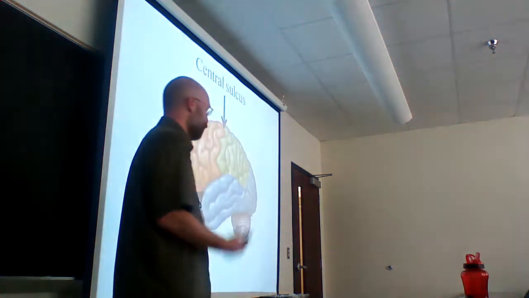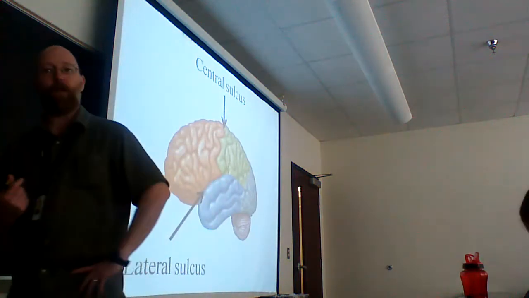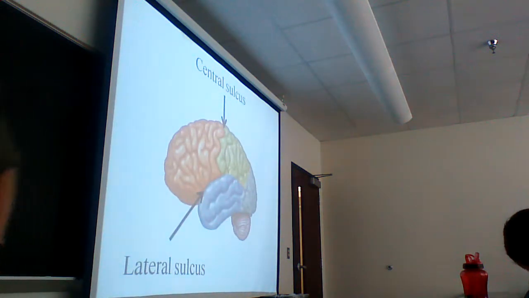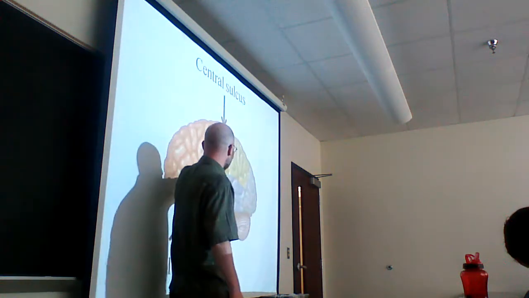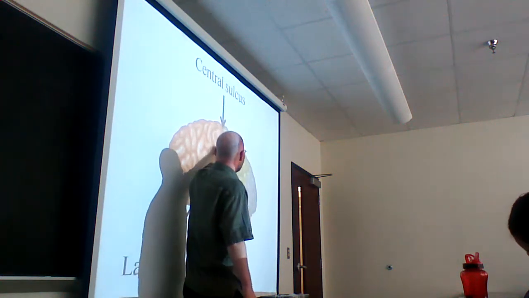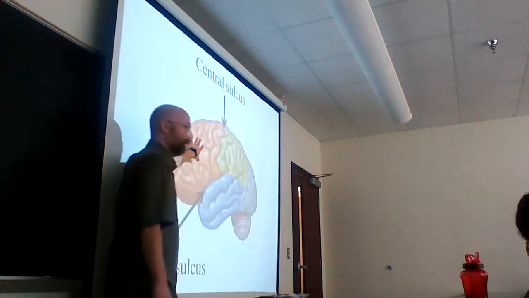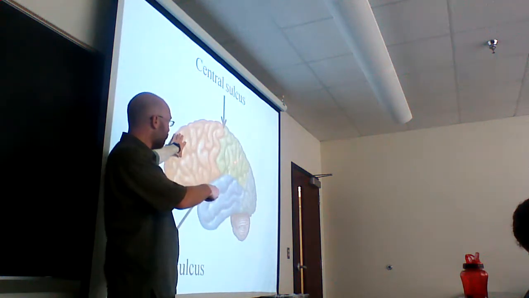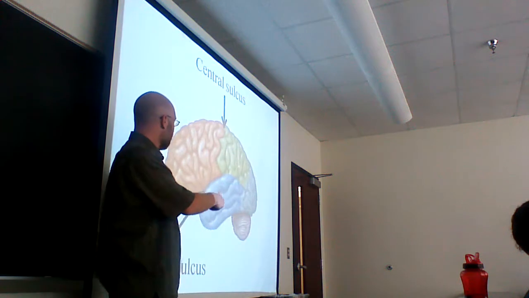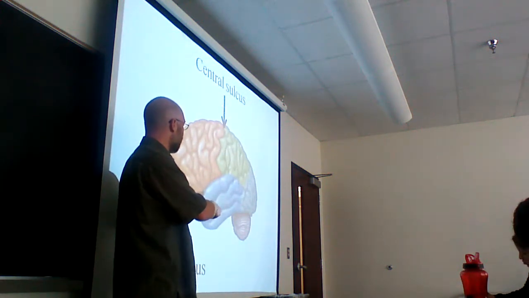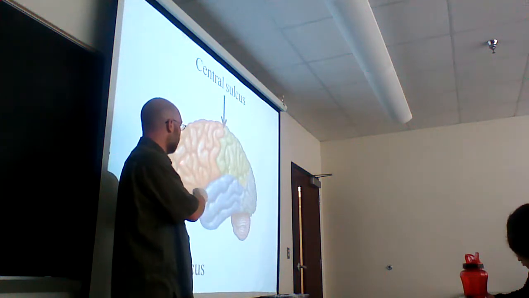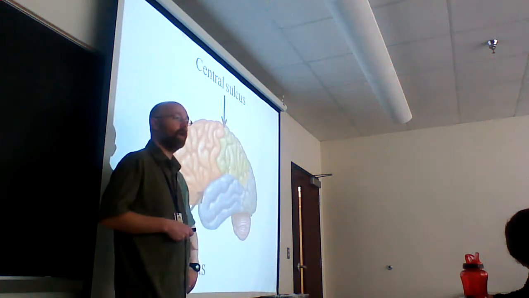So, two sulci that we're going to have to know. A sulcus is a groove. So it's this groove here that separates the frontal lobe from the parietal lobe. There's another sulcus that's going to separate the temporal lobe from the frontal lobe.